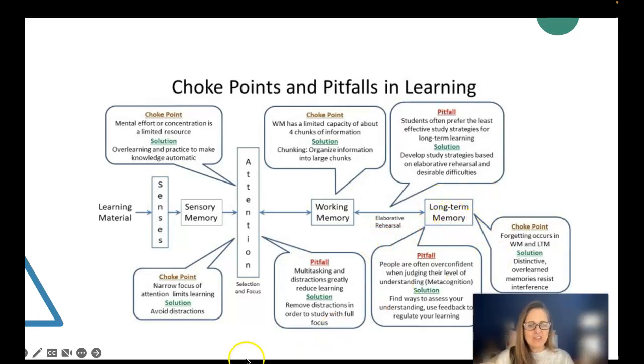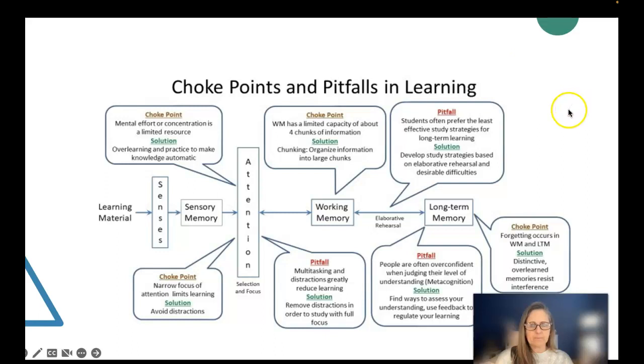But he has also identified some choke points and pitfalls, things that can happen at different points in that memory process to make it difficult or impossible for us to hold on to stuff or commit it to long-term memory. And then he also identifies several different solutions for those pitfalls and choke points. So we're going to come back to that later, and I will make a copy of this available to you as well.